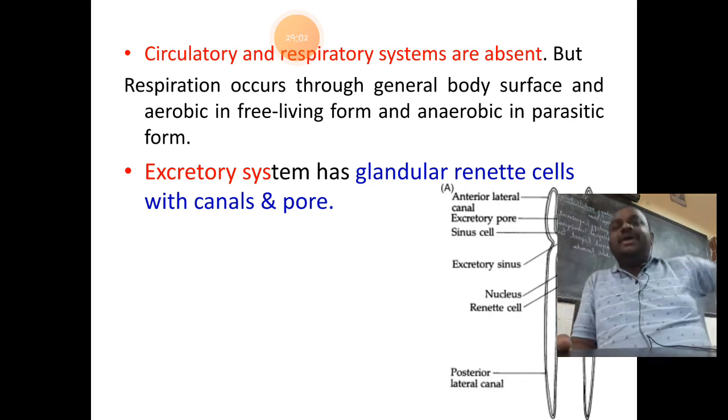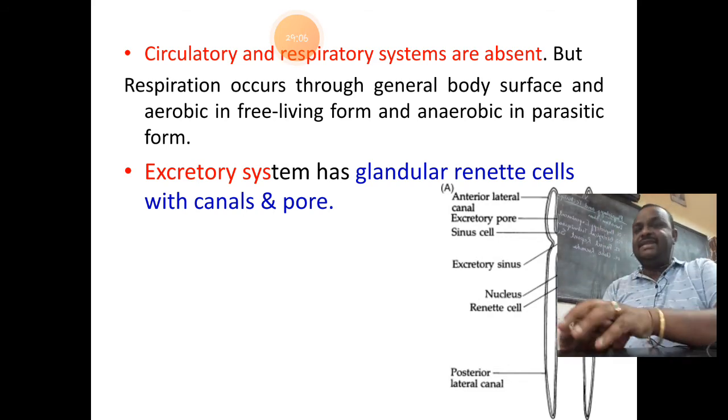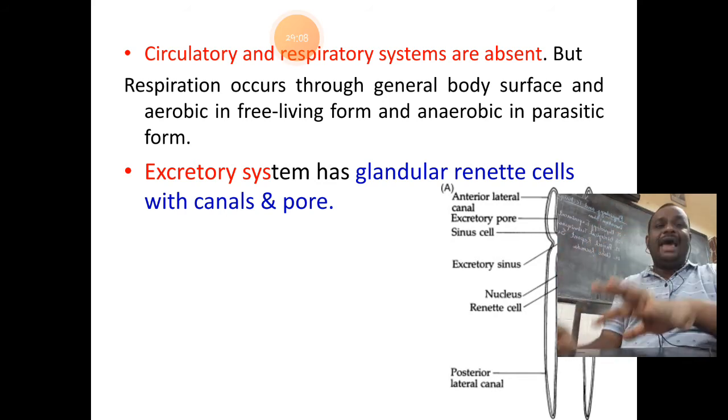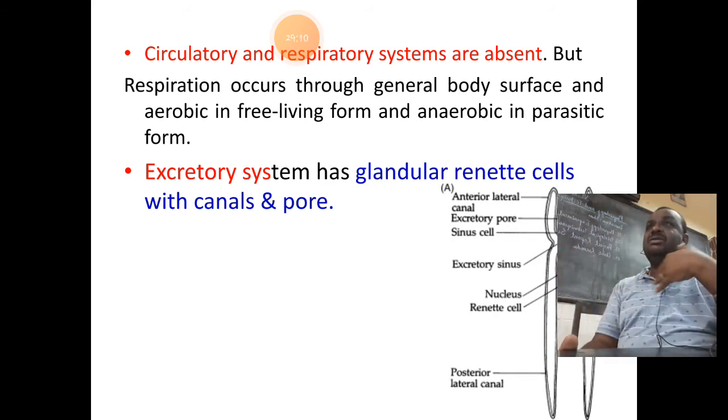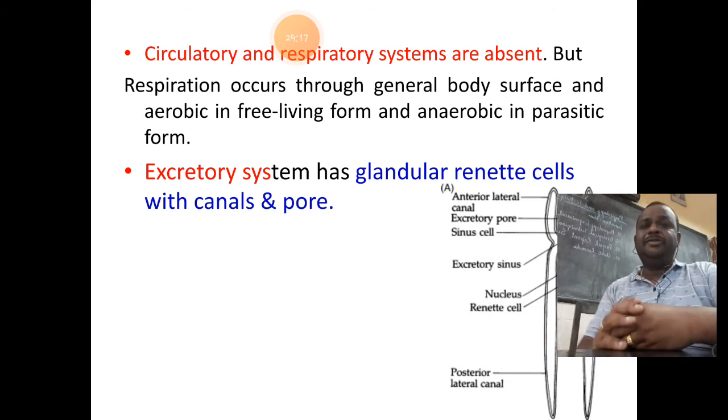Coming on to the circulatory and respiratory systems. Both are absent in them; the systems as such it does not have, but respiration occurs through the body surface with the help of diffusion.